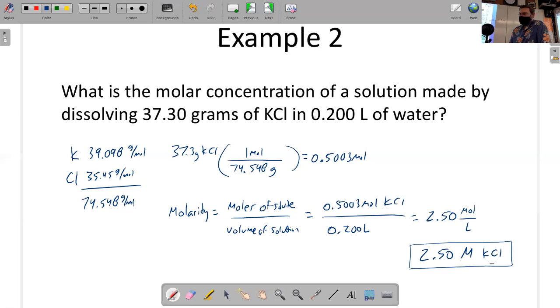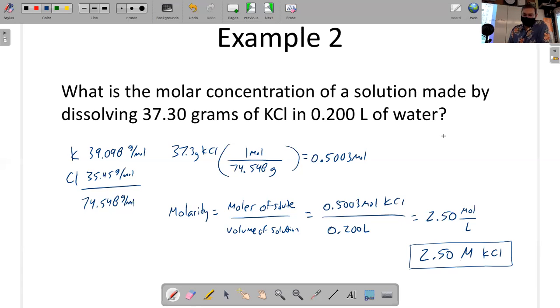In this course, 100% of the solutions are water solutions, but there are organic solutions. You could use an organic solvent like benzene to dissolve an organic solute. The math is the same, but you would then just say what the solute is dissolved in. You'd say like 2.5 molar KCl dissolved in benzene or something. But it's assumed that it's in water.